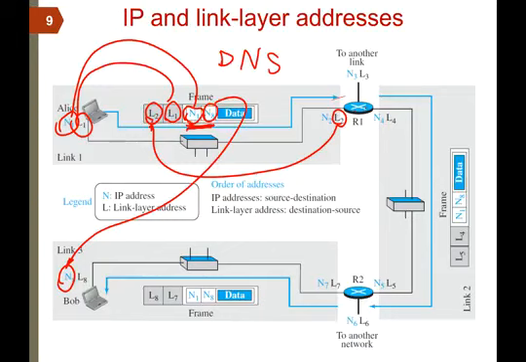Okay, so you have Alice's network address and Bob's network address, and you have your link layer address or MAC address, and you also need the next node's link layer address. So how do you get this?